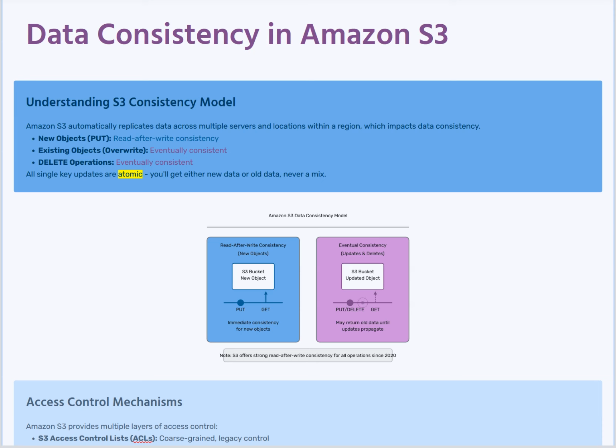We're going to talk about three different scenarios. The first scenario is what will happen if you upload a new object, which we call a put. As a simple example, this is a new document, new text file, or new image, JPEG or PNG file. It's a totally new file.